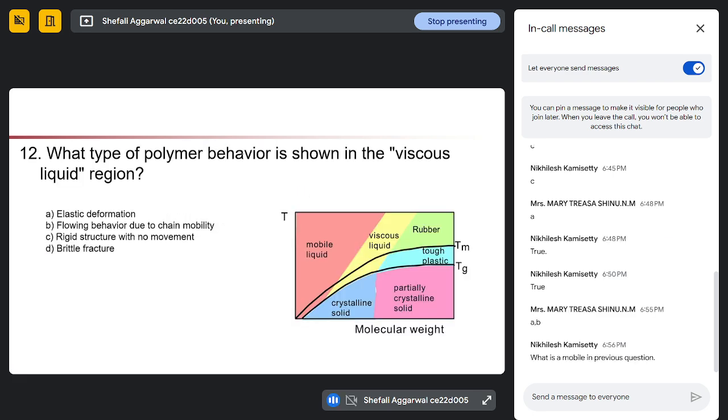Okay, so the next question is, what type of polymer behavior is shown in the viscous liquid region? It is elastic deformation. It is flowing behavior due to chain mobility. It is rigid structure with no movement, or it is a brittle fracture. What is mobile in the previous question?